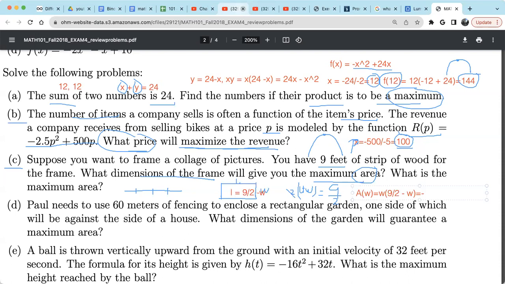And this function is negative W squared, which is a downward parabola already, plus 9 over 2 W. Downward parabola, right? Because the number in front of W squared is negative 1.